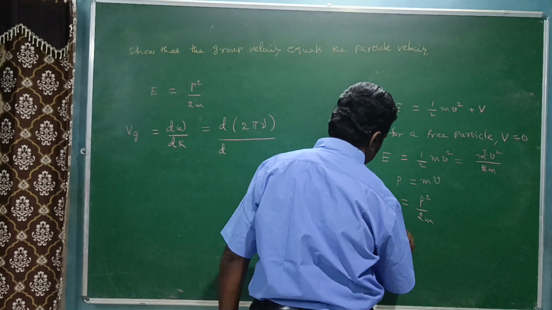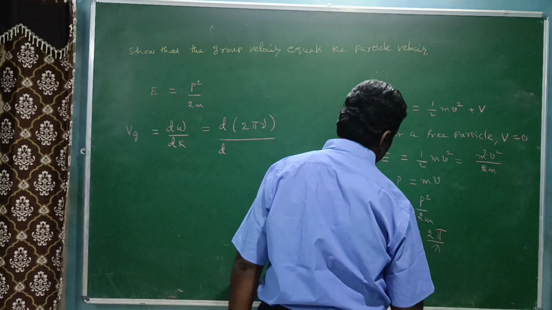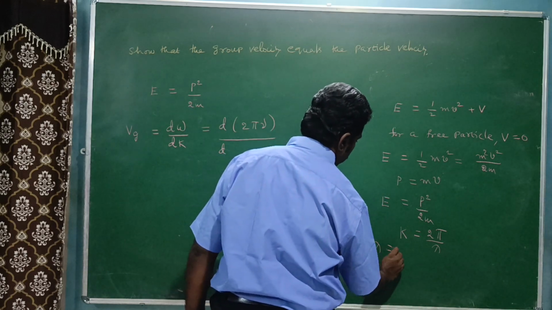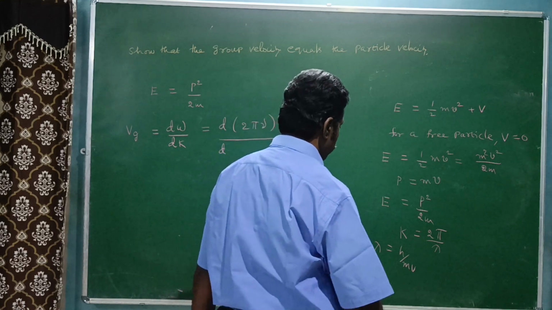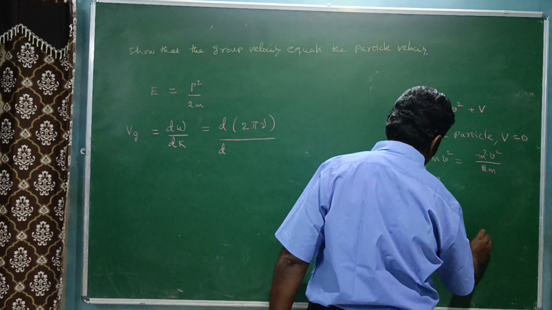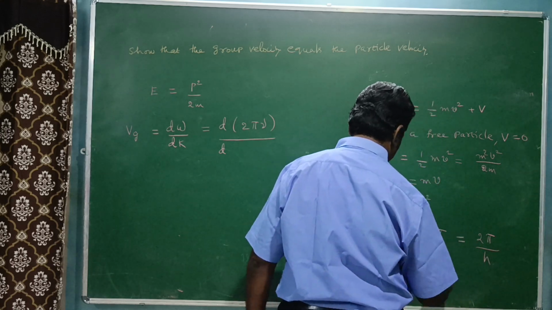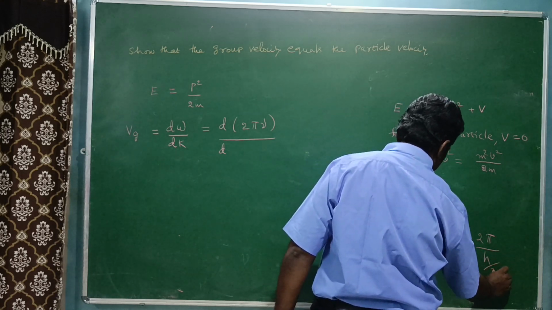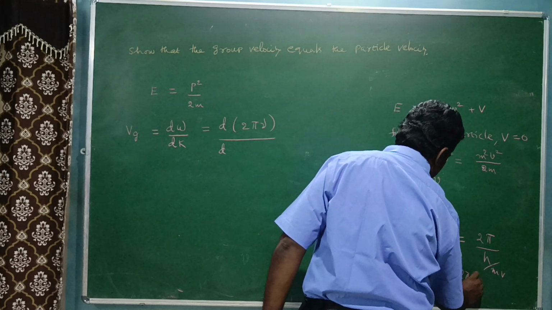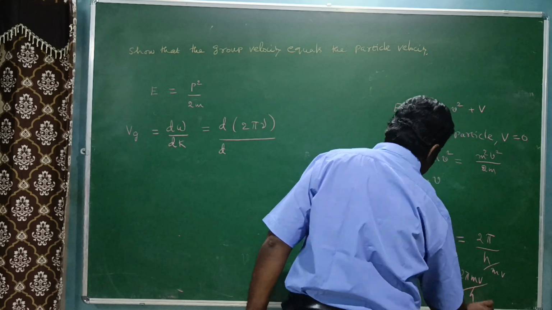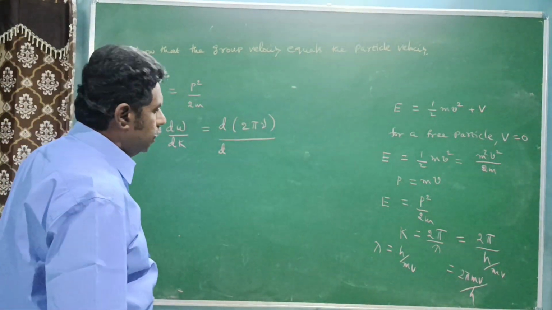The propagation vector k equals 2 pi by lambda, but lambda equals h by mv. Therefore, k equals 2 pi divided by h by mv, that is, 2 pi mv by h. This is the value of k.